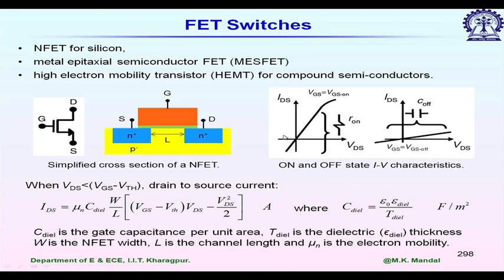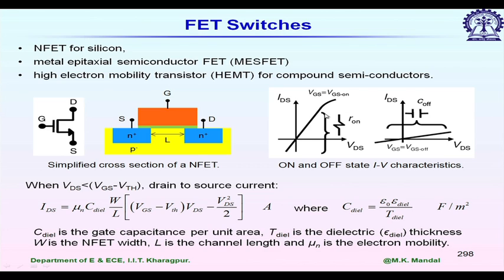Now, if I look at the variation of drain current versus VDS, the first part of this graph looks like a straight line. We call it the linear region or the triode region, and after that, for a given gate to source voltage, if we keep on increasing the drain to source voltage, then this current becomes constant, and we call this the saturation mode of the FET.